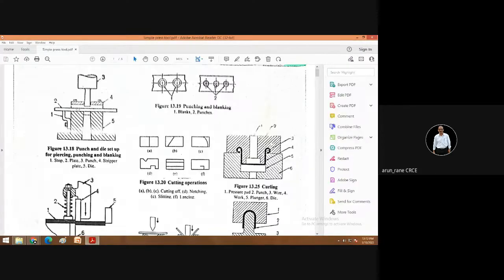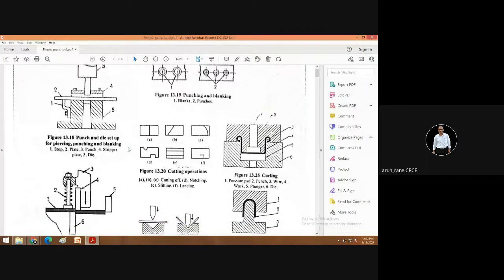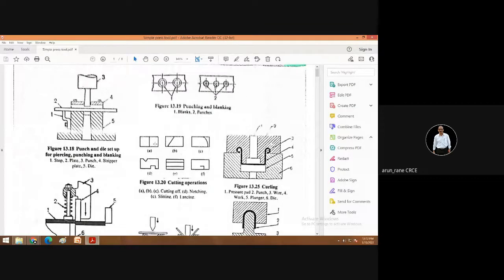Then I have shown this. So again, this is a kind of a revision. So this is your punch, this is your die.